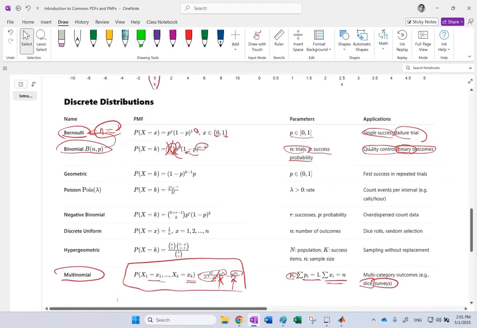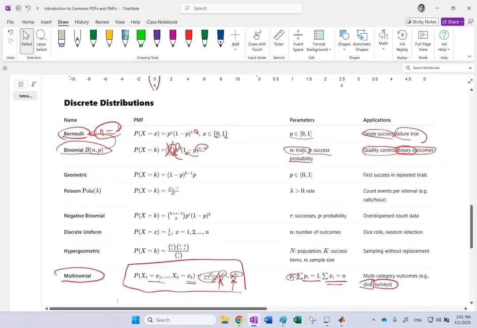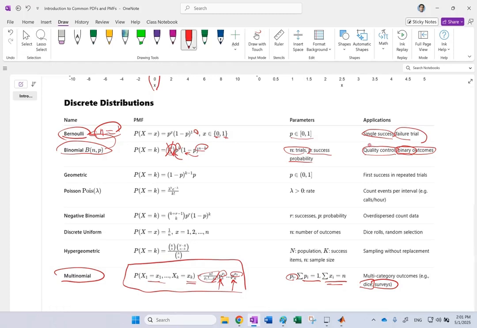Okay, so geometric. If you look at it, it basically only has one parameter p, which is between 0 and 1. For x happening k times, the formula is (1 minus p) to the k minus 1 times p.